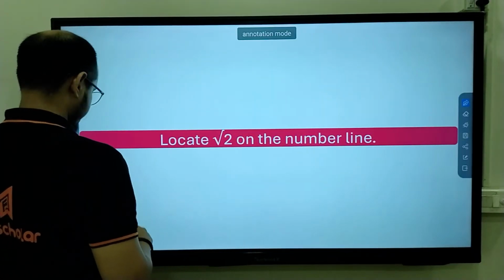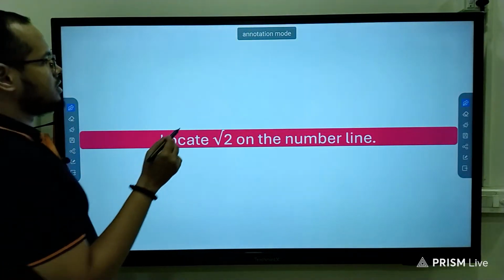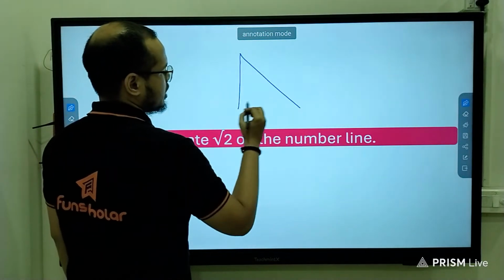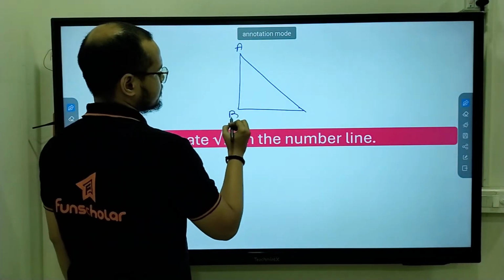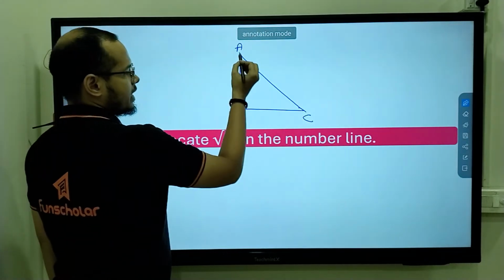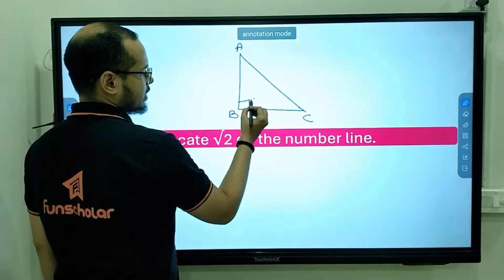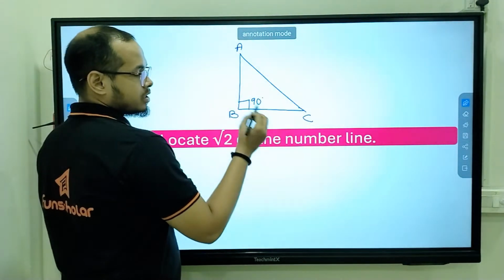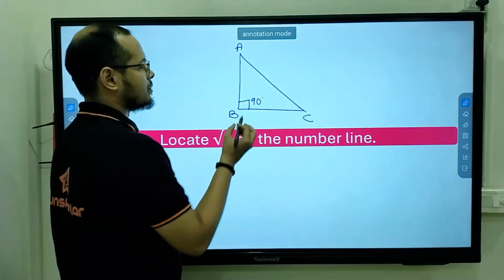So Pythagoras theorem basically is what? If I have a right angle triangle, let me name it ABC. AB and BC intersect at an angle of 90 degrees. The side opposite to 90 degrees is always known as the hypotenuse.